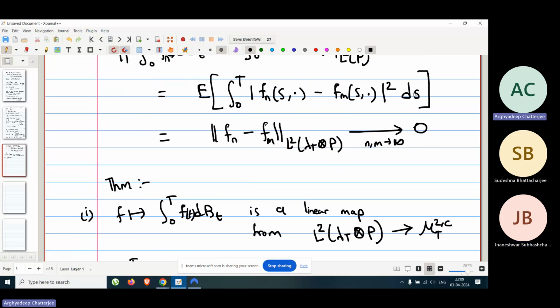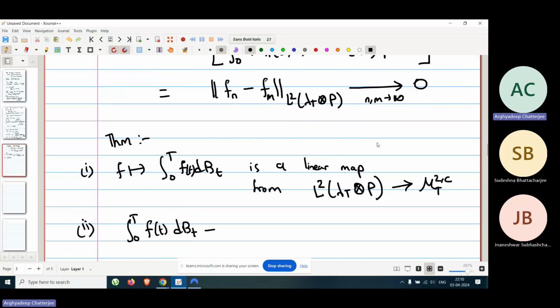So all deterministic functions which are L2 in nature, we have integrals of them. And even if omega comes in, it's a matter of expectation of the square of the integral for fixed omegas.